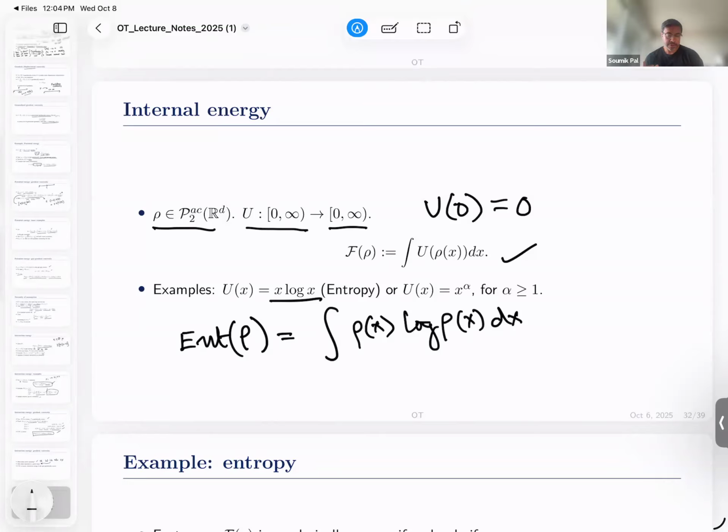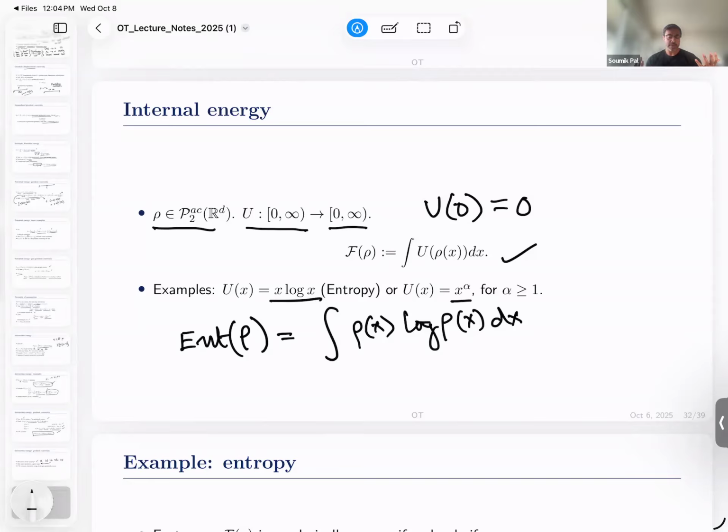Okay, very important quantity, one of the most important physical and mathematical quantities. Entropy is one such thing. Other important quantities are like x to the power alpha, with alpha larger than or equal to 1. It comes in other variants of entropy, like Renyi entropy and other divergence functions. We may touch upon them later, but there are many such examples where you take the density itself.